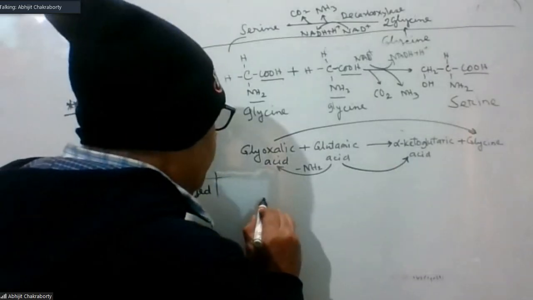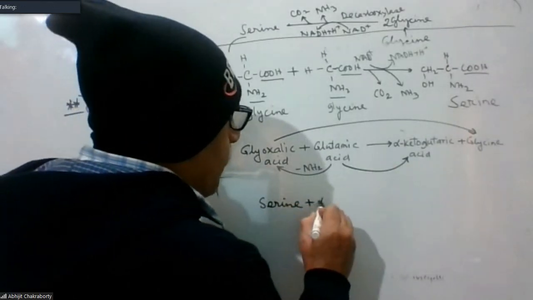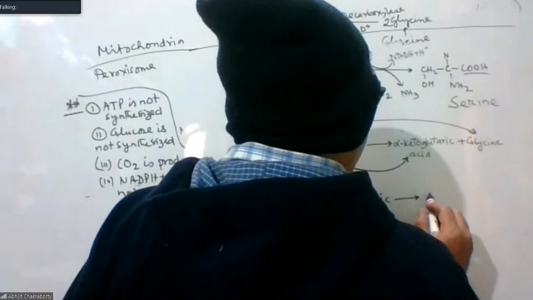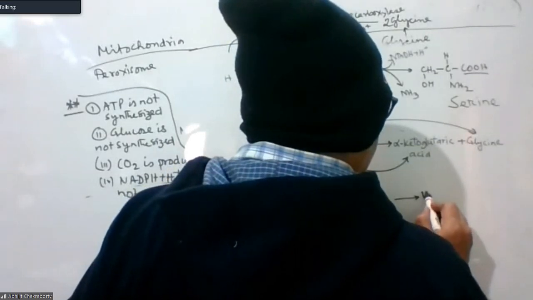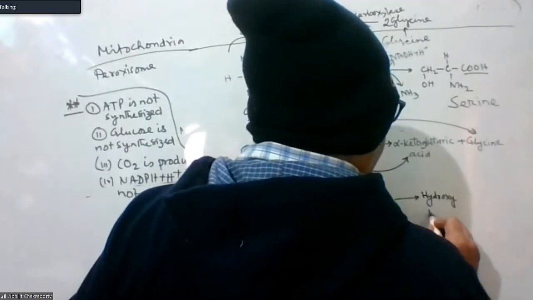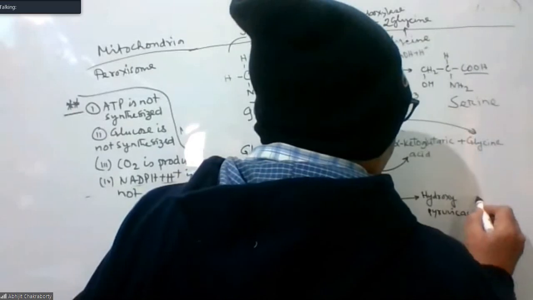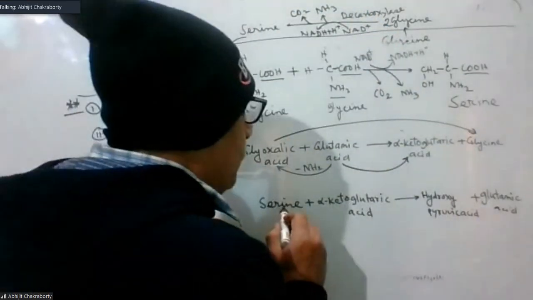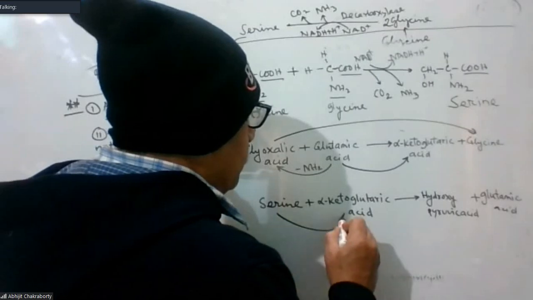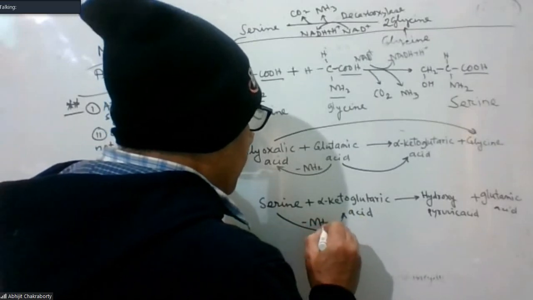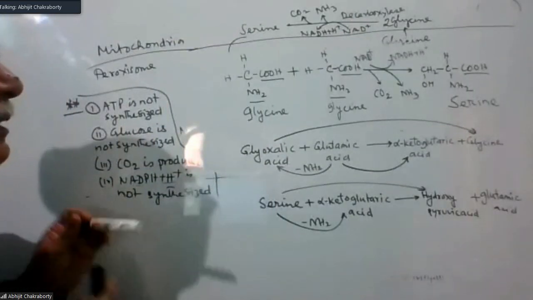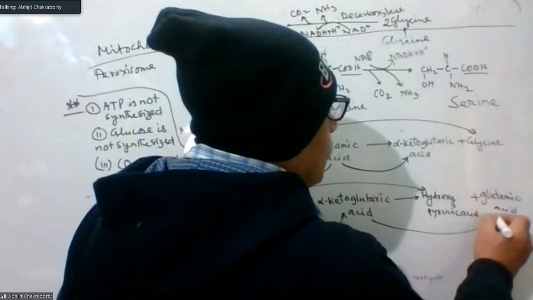Similar reaction, another one. Look, from serine, the amino group is shifted to alpha ketoglutaric acid, so that serine is converted to a keto acid called hydroxypyruvic acid, and by getting the amino group, alpha ketoglutaric acid is converted to glutamic acid.